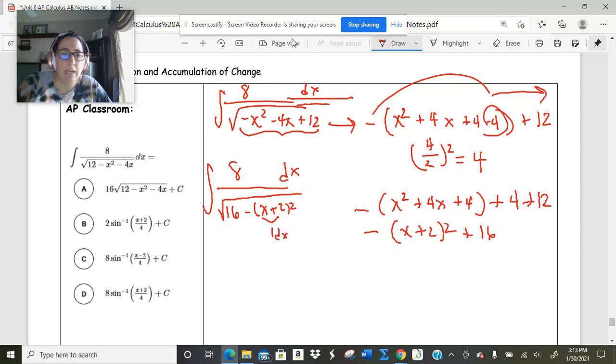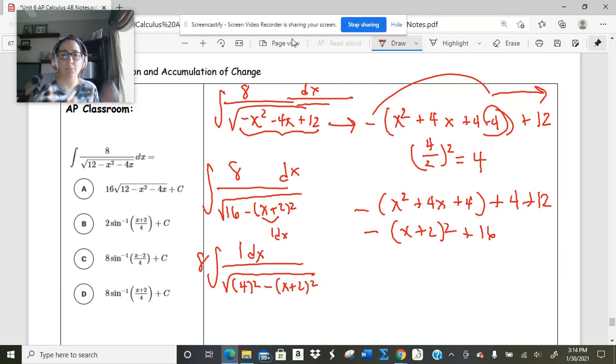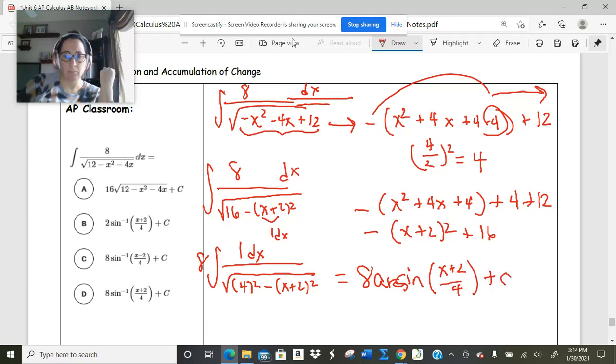So I can take that 8 on the outside. My a was the 4 squared, and there was my u as the x plus 2 squared. Now we have it set up for an arcsine. The coefficient goes along for the ride. Arcsine does not have a 1 over a. Oops, arcsine. Then I do my u over my a plus c.